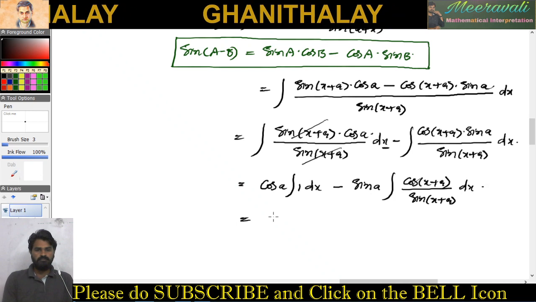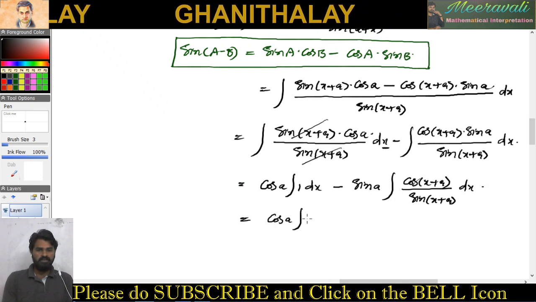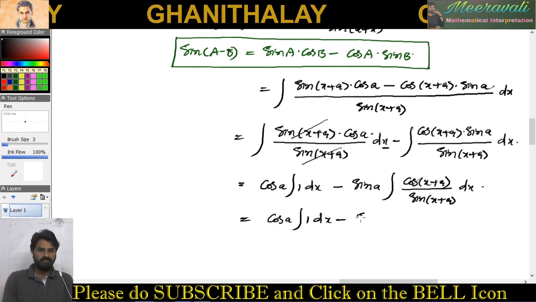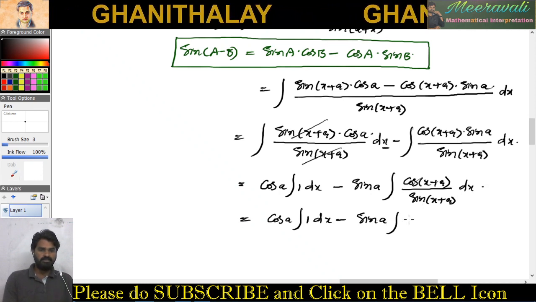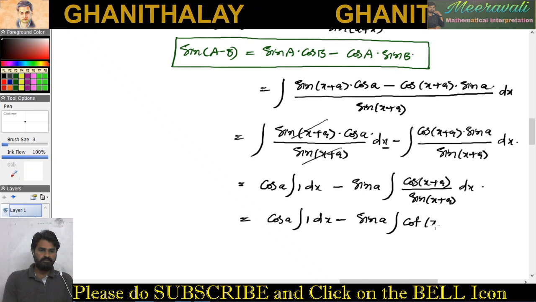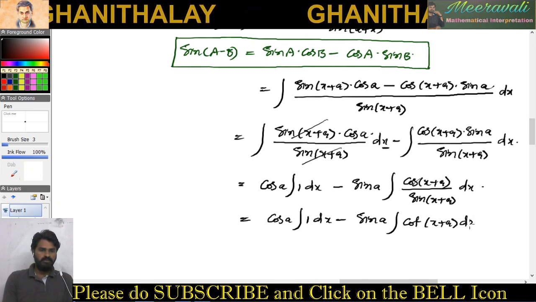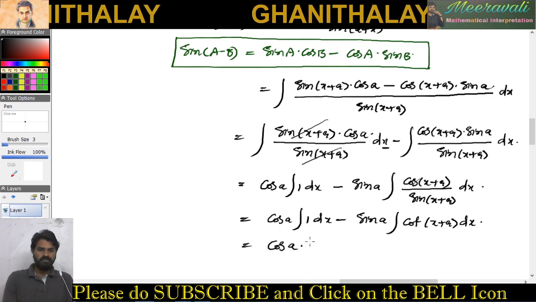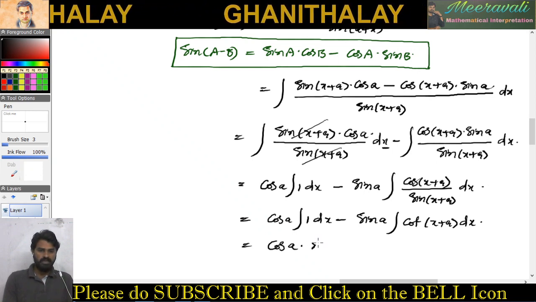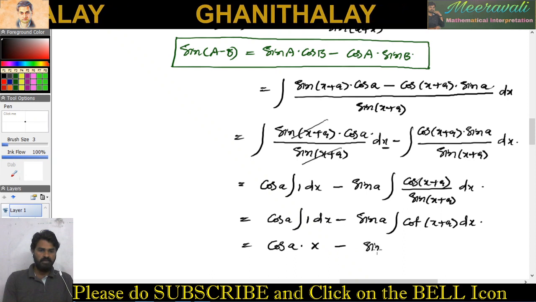Now cos a times the integral of 1 minus sin a times the integral of cos by sin, which means cot theta. We have the integration formulas for this. Cos a into the integral of 1 means x, minus sin a.